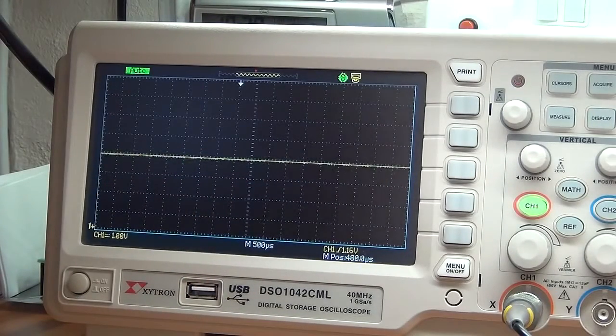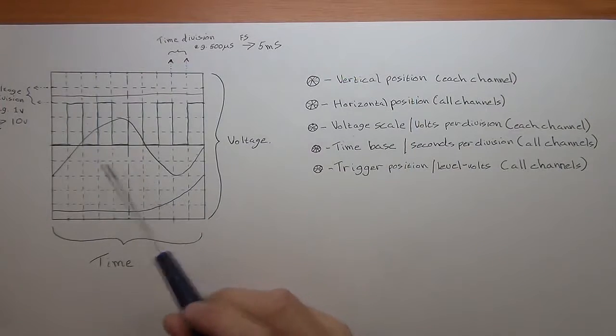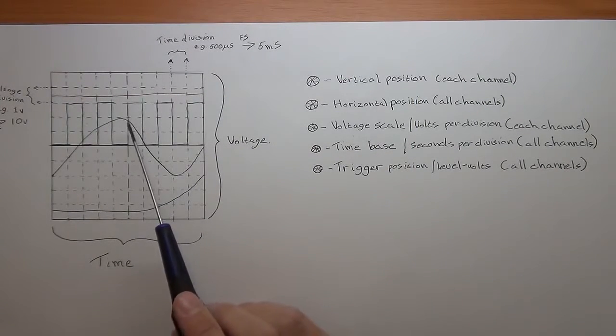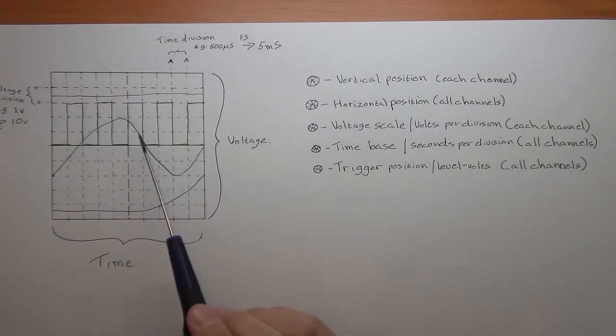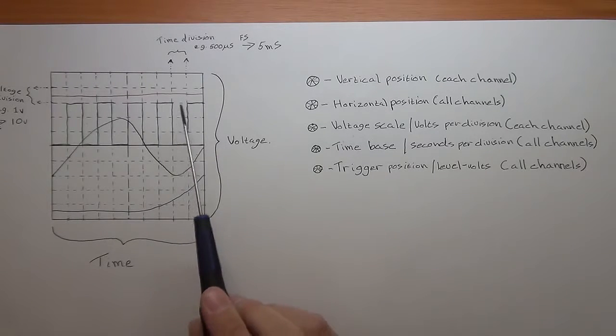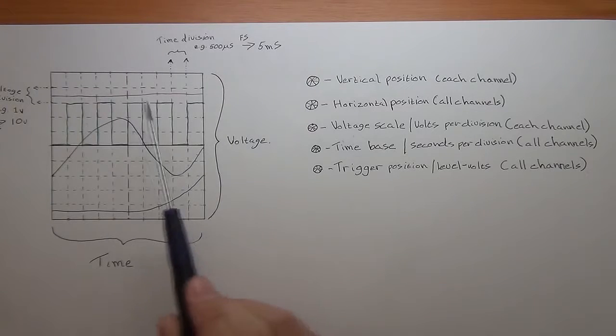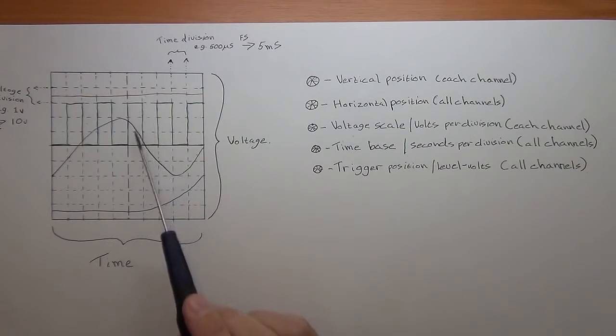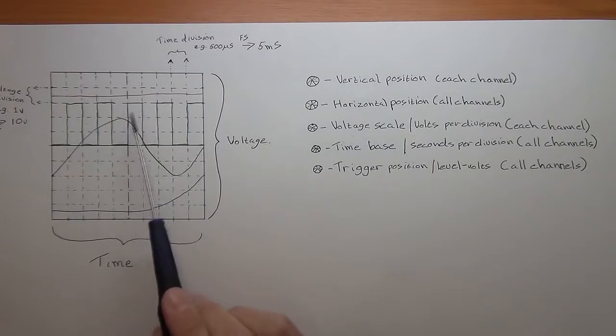So let's have a quick closer look at some of the adjustments you can do on an oscilloscope. Once we have a signal which we're inputting into our oscilloscope, we probably want to have a closer look at it and play around with it on the screen. The reason is that you probably want to take measurements of the signal to understand the voltage, or see if there's any noise on a signal.